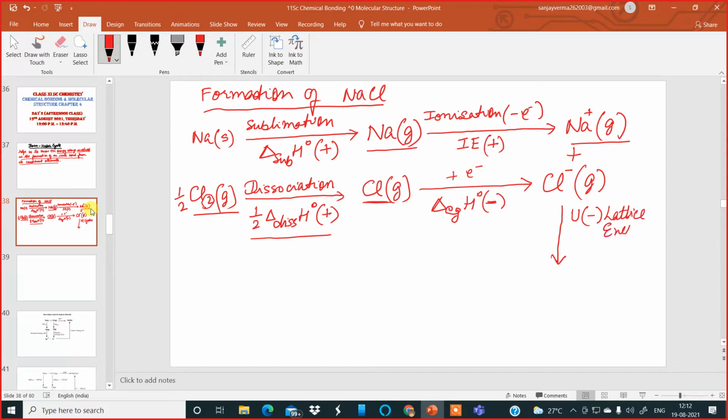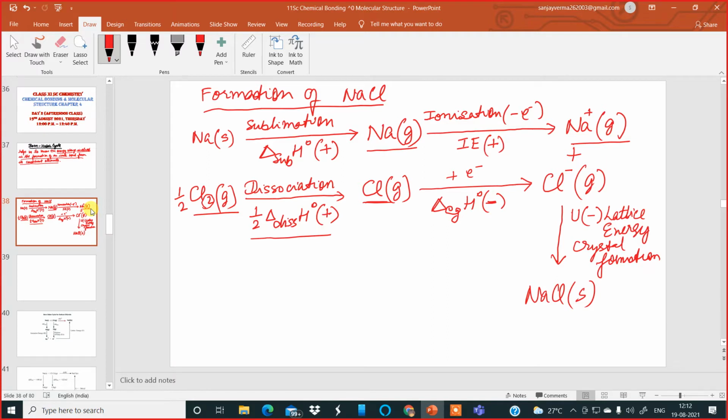Crystal formation takes place after this only, and then we get sodium chloride crystal. So this cycle which you see over here is called the Born-Haber cycle.